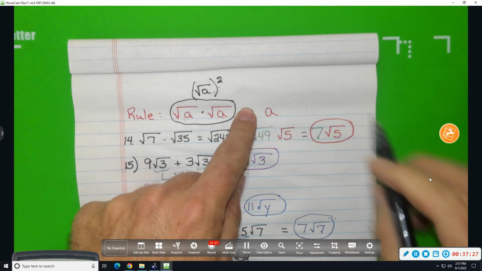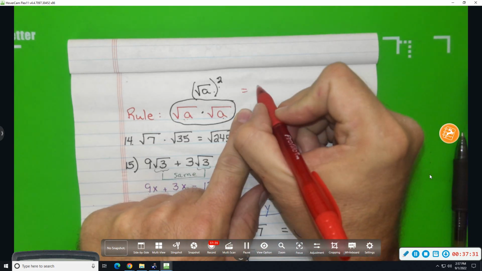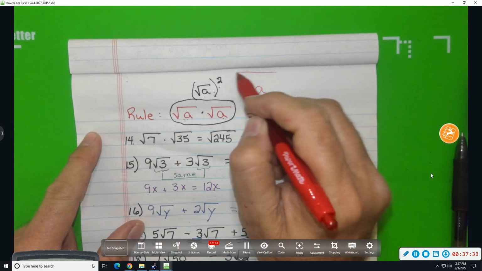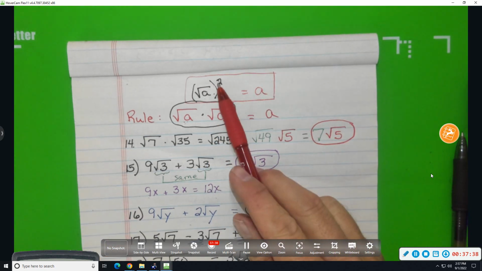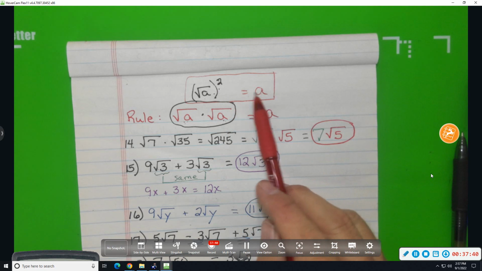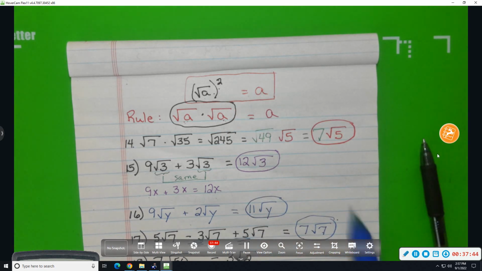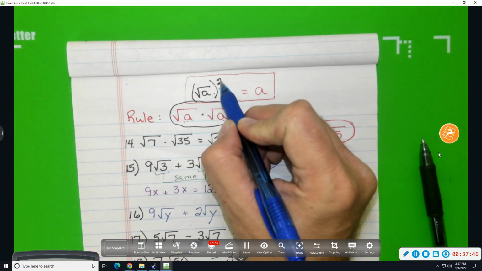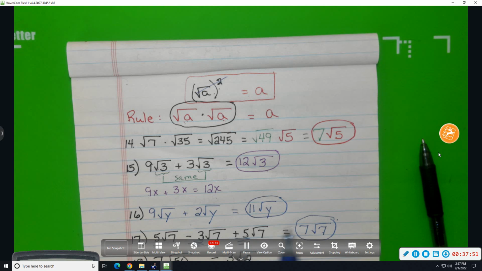So we could rewrite this red rule like that: the square root of a squared equals a. And when you see it written like that, you decide that a square root and a square cancel each other out.